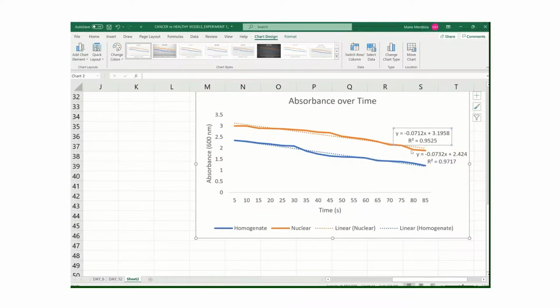Okay, so our slope for this orange line is negative 0.0712. So that slope represents the activity of our enzyme. Okay, and for the blue line, it's negative 0.0732.